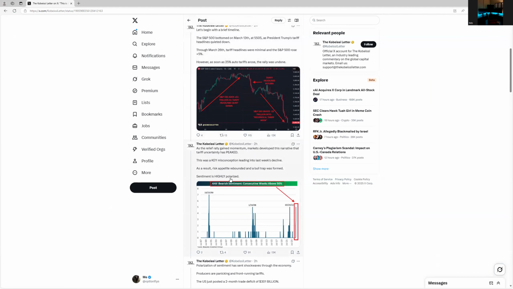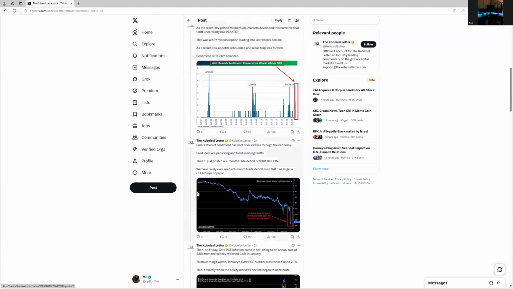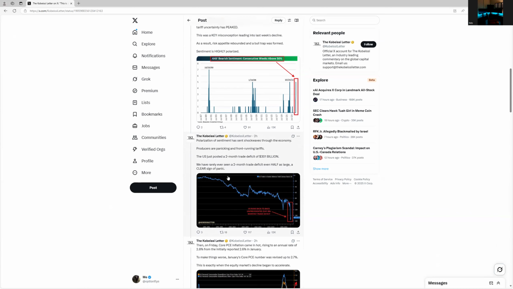Sentiment is highly polarized. Polarization of sentiment has sent shockwaves through the economy. Producers are panicking and front-running tariffs. The US just posted a 2-month trade deficit of 301 billion, and we have never really seen a 2-month trade deficit even half as large, a clear sign of panic.